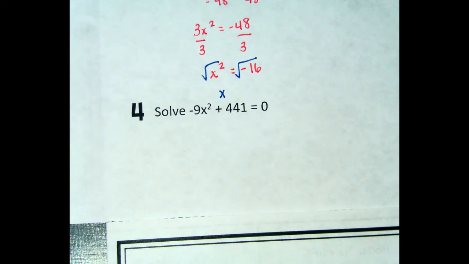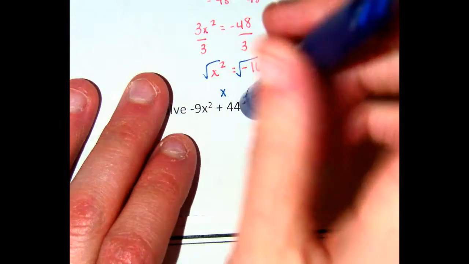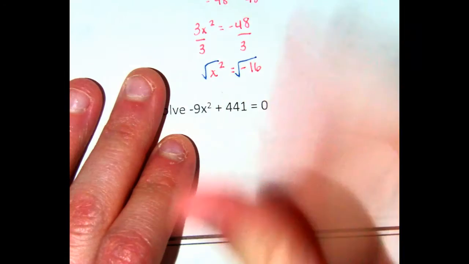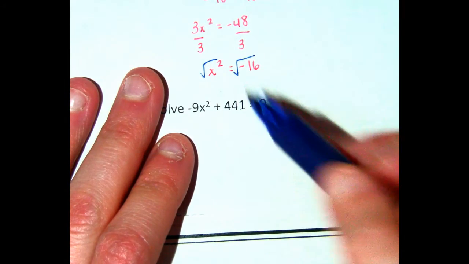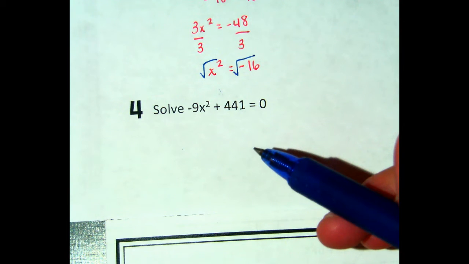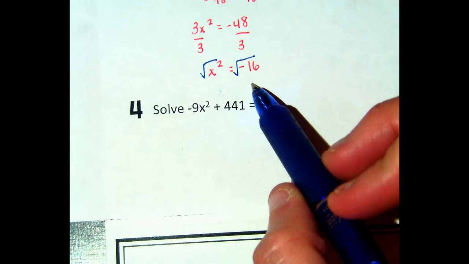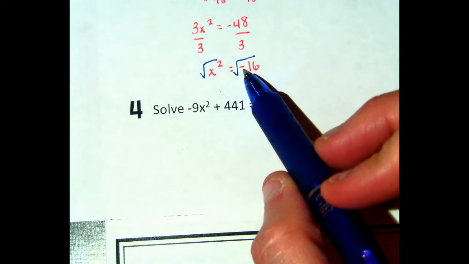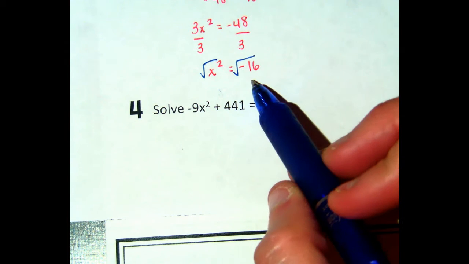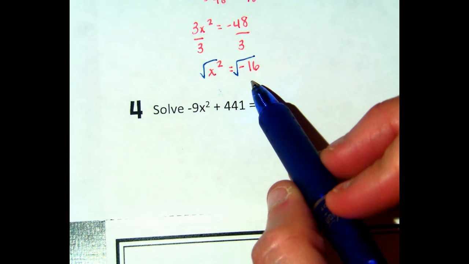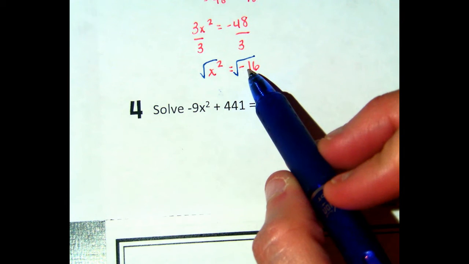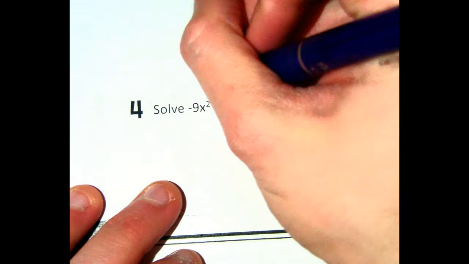What do you think that means? The negative messes it up. What two numbers multiplied together give you a positive 4 times positive 4 is what? 16. Is it negative 16? What's negative 4 times negative 4? Positive 16. It's not negative 16.